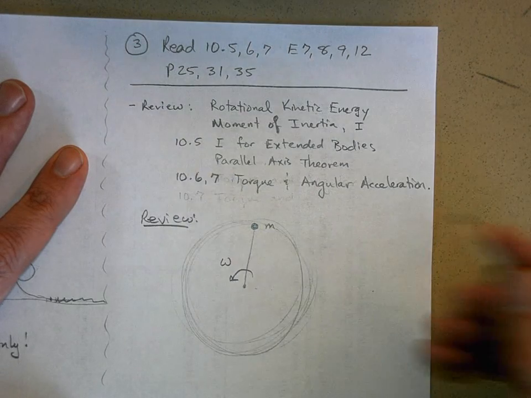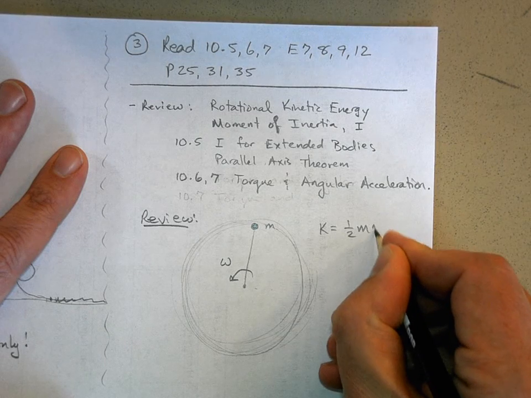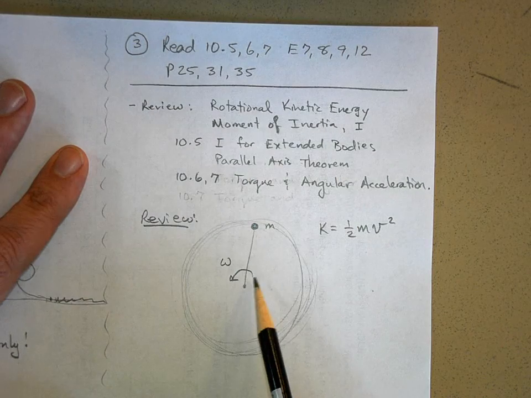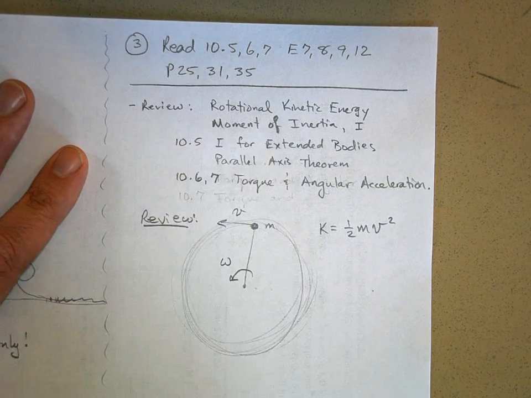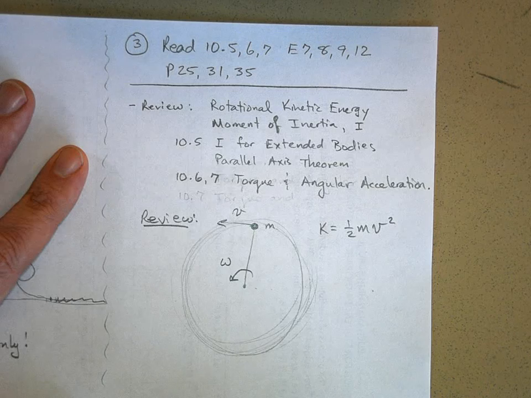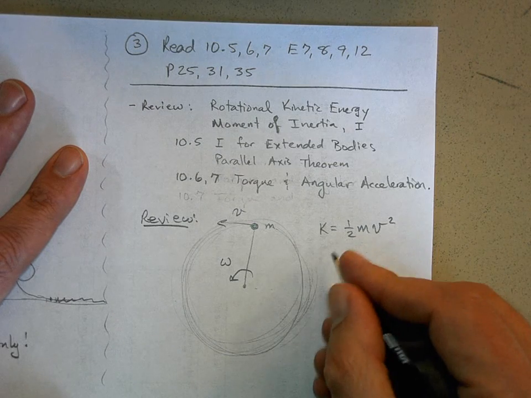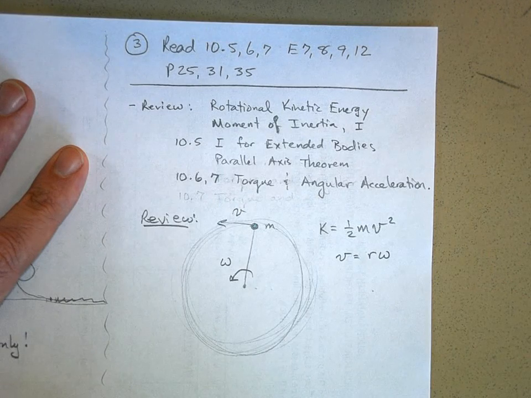Well, we said that kinetic energy is just equal to 1/2 mv squared. But we can relate the linear velocity v, or the speed I should say, to the angular velocity. We said that v is equal to r omega.